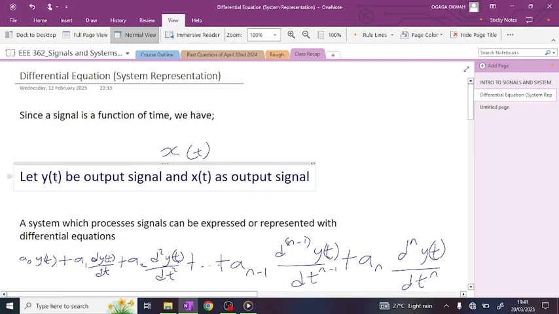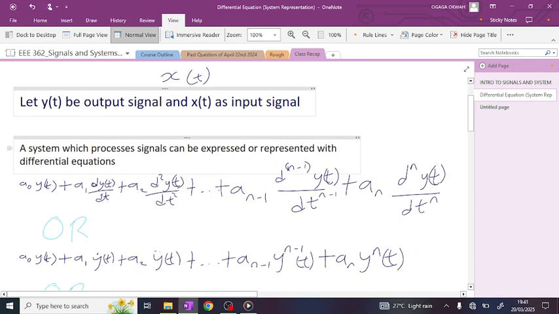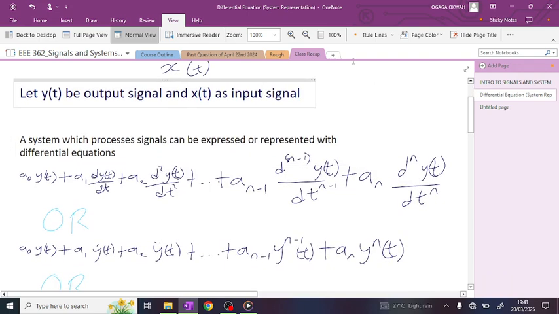Now let y be the output signal and x the input signal. So y of t is the output, x of t is the input. Now a system which processes signals can be expressed or represented with differential equation.